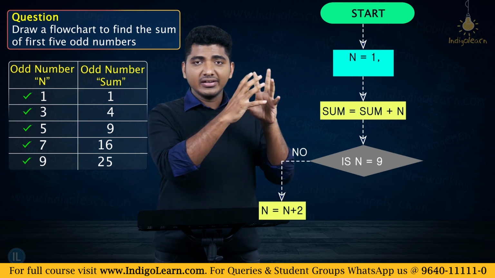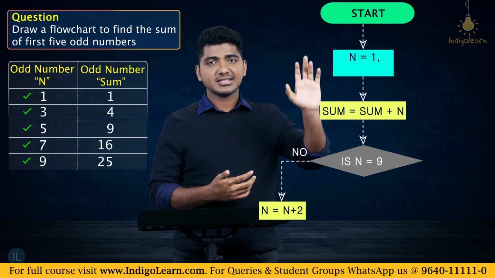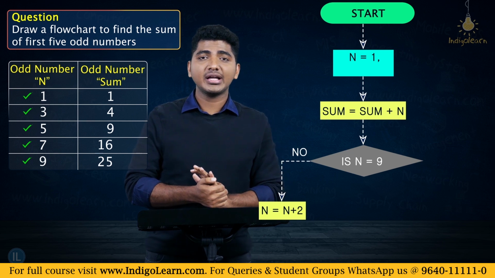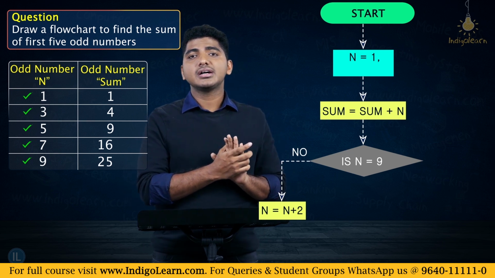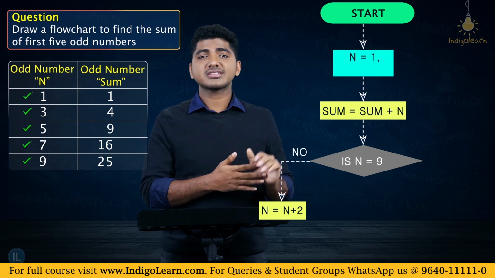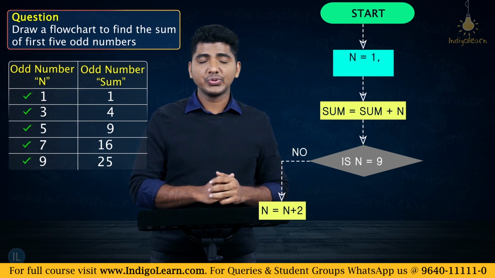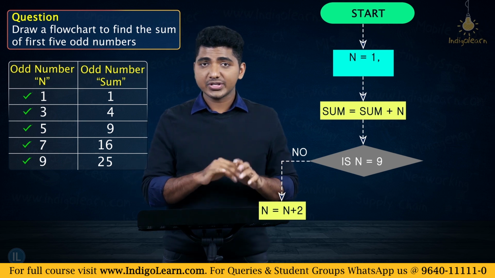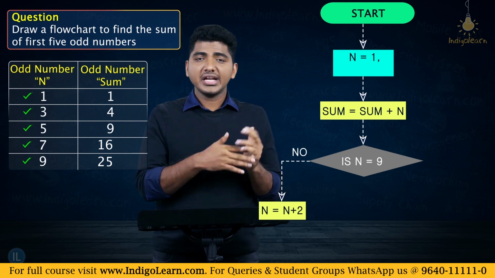So I'll reshape this entire flowchart. How did you begin? You said start. After starting, you assigned a value for n: n is equal to 1. Then you did the calculation part: sum is equal to sum plus n. Next, what are you supposed to do? You are supposed to ask, is n greater than 9? If n is greater than 9, you stop.